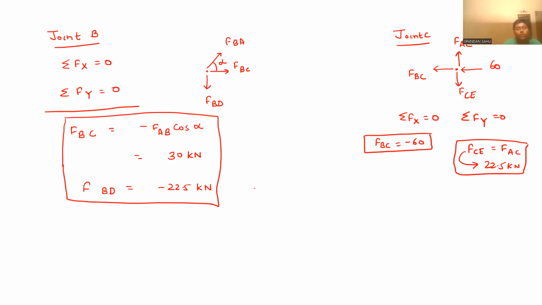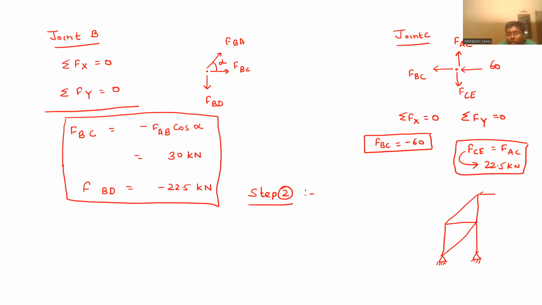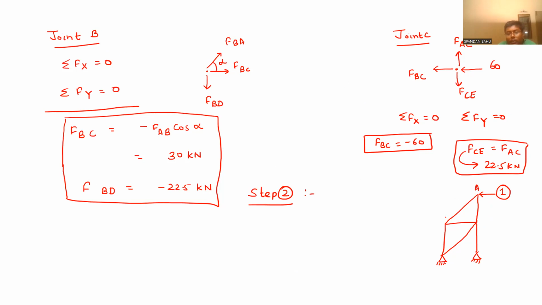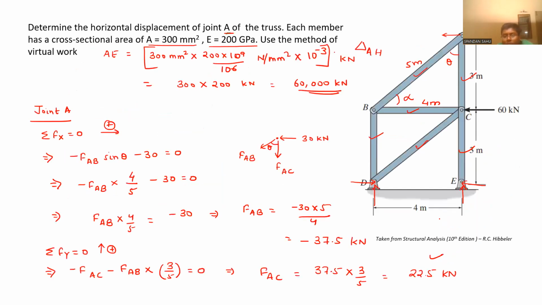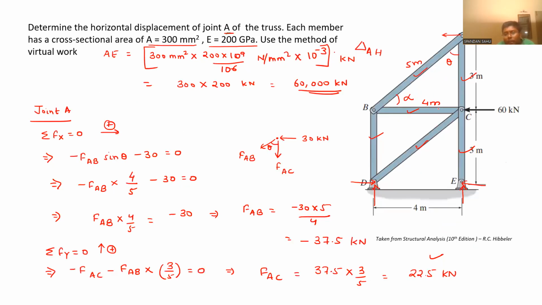Now step 2 will be to remove all those external forces and give one unit load along the horizontal direction at joint A. FCD will come first, and this angle is alpha.